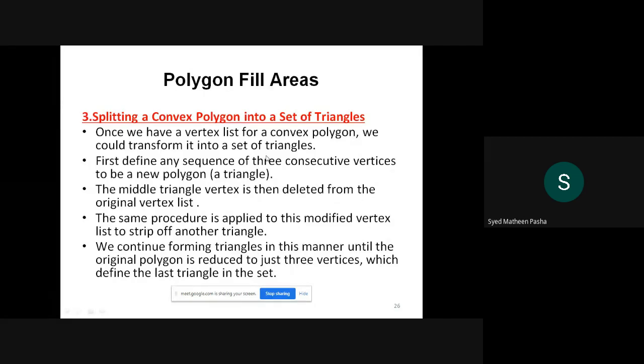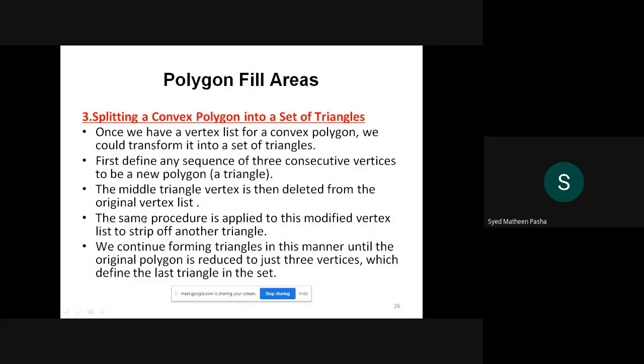First, we'll define a sequence of consecutive vertices to be a new polygon. I will define some vertices which are considered as a triangle, that is nothing but another polygon. The middle triangle vertex is then deleted from the original vertex list. We'll check what the vertices with respect to that triangle are, check the middle vertex of the triangle, and then delete that vertex from the list of the original polygon.